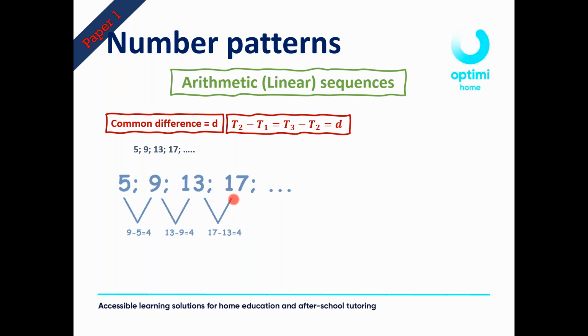If I do the fourth one as well, term 4 minus term 3, I also get an answer of 4. Do you see the difference between the terms gives me the same answer, which is a common difference? So my symbol D is equal to 4. That is my common difference.